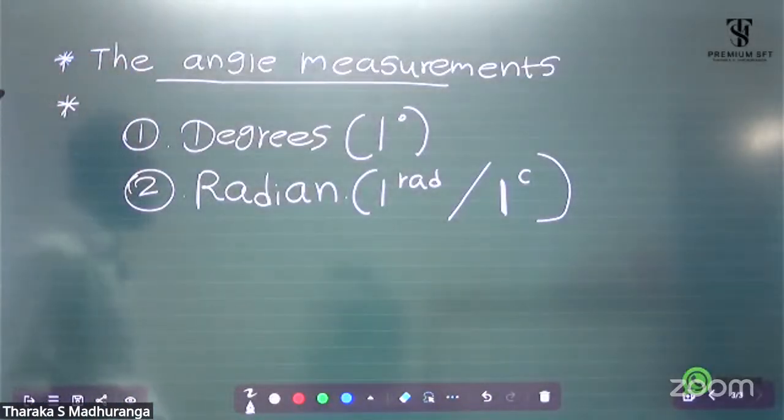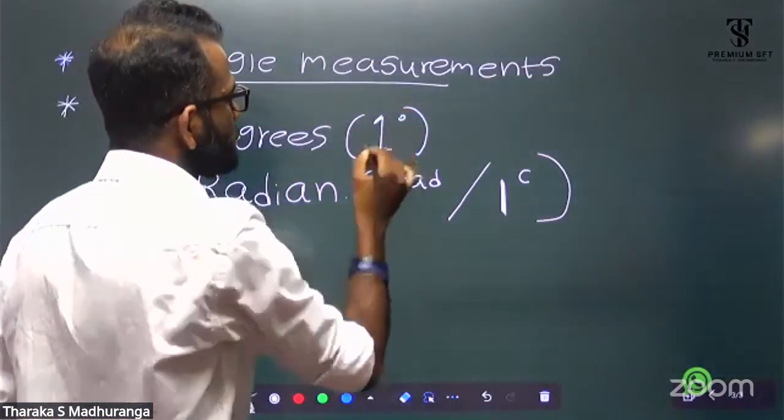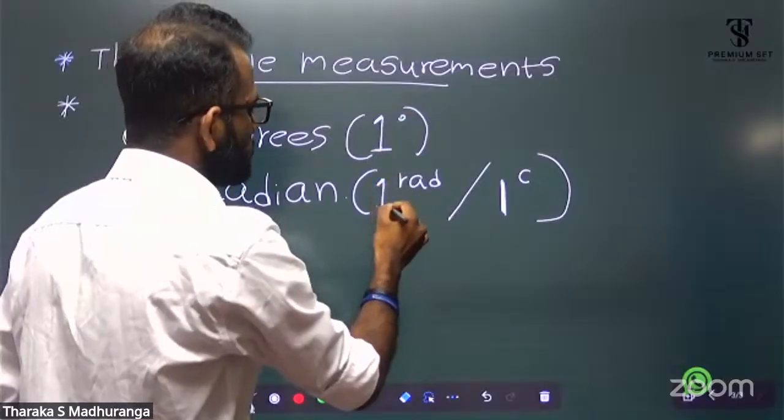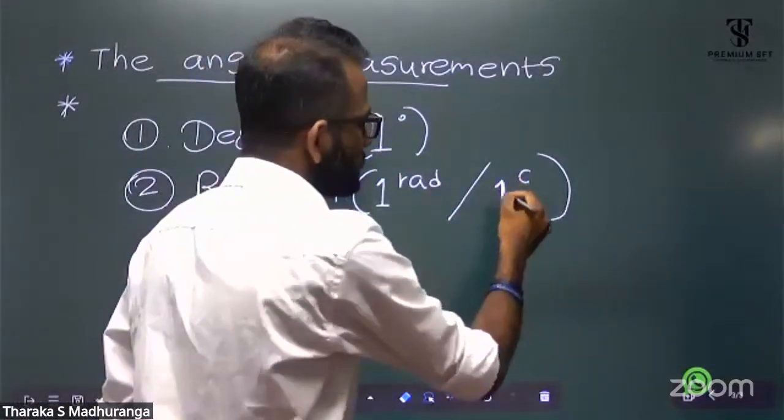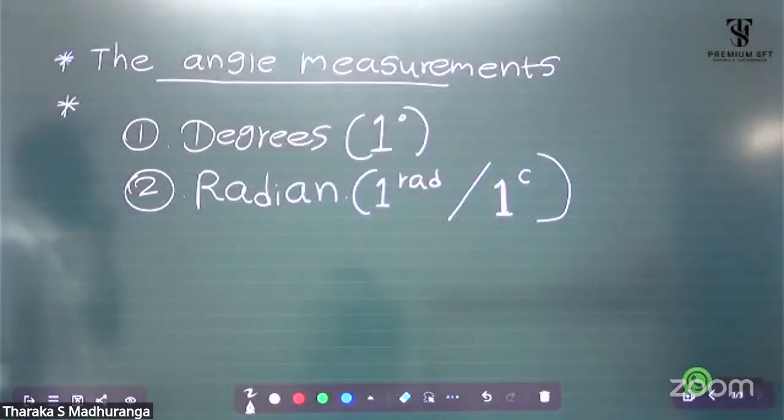Write down the first one, degrees, within brackets. The second one, radians. Degrees and radians.